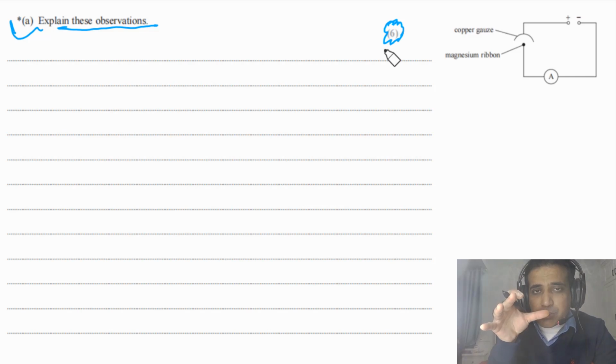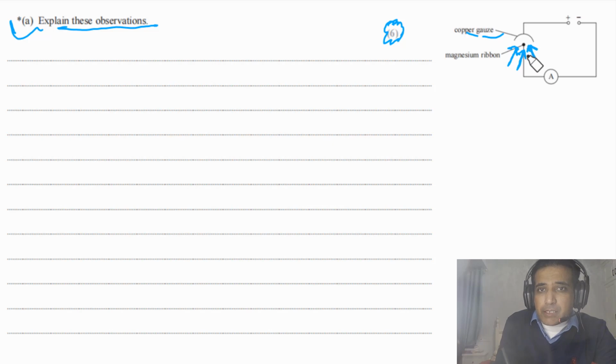First of all, we need to understand, for this question it is given to us there was electric current when copper gauze was connected with positive terminal and magnesium ribbon was connected with negative terminal of the power supply. So it simply means that when we shine UV light on this magnesium ribbon, electrons are emitted.